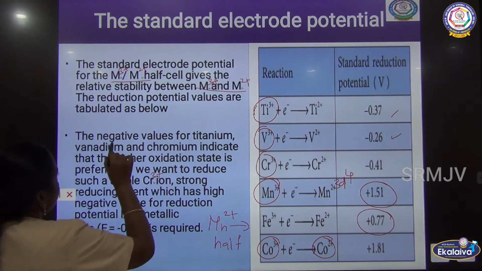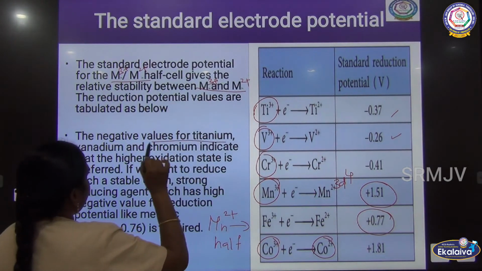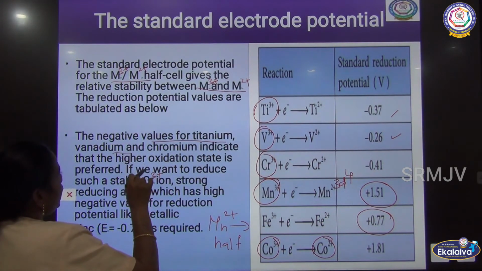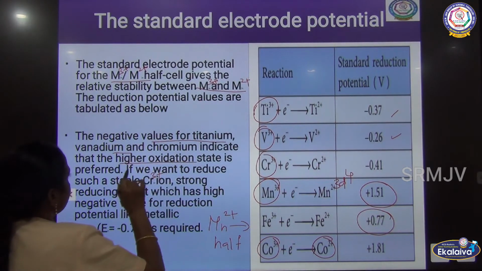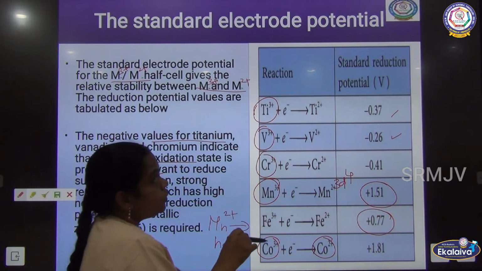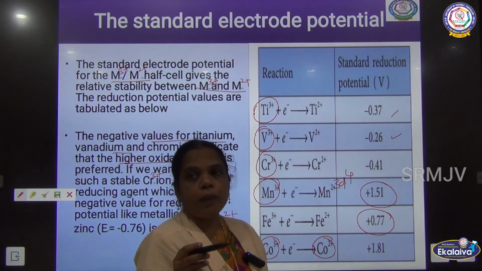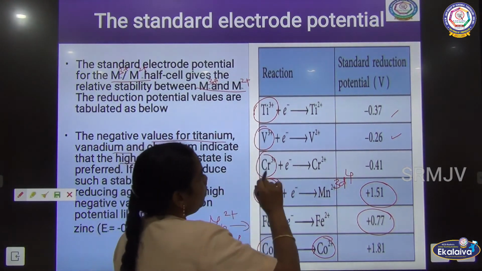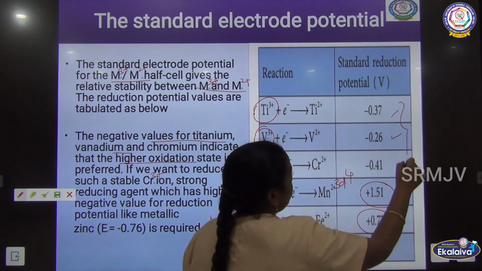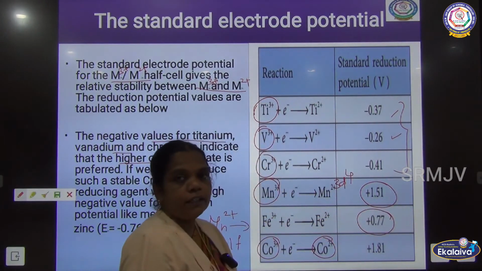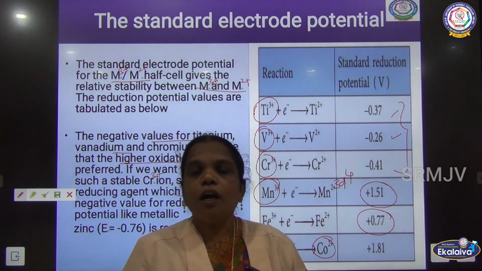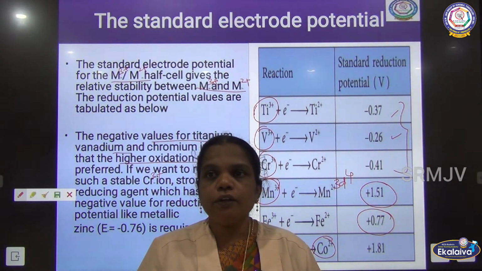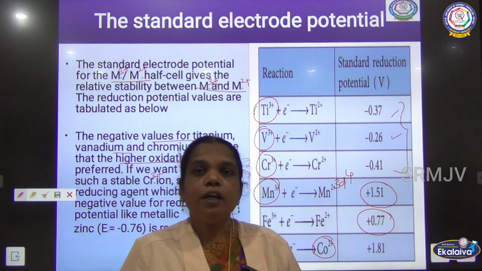So now see this, the negative value of titanium and vanadium indicates the higher oxidation state is preferred. While comparing with the other elements, titanium, vanadium and chromium are preferred with negative values, because the higher the negative value, the more powerful the reducing agent.